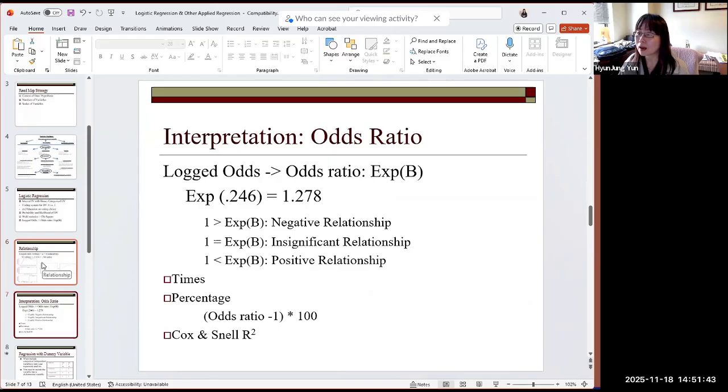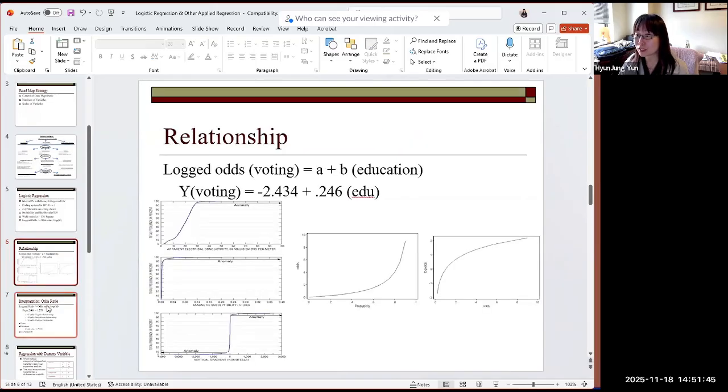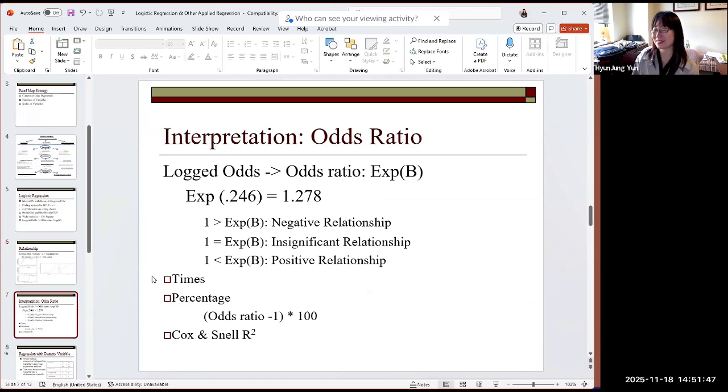I don't know whether you remember from the last class session, this is actually the number I plugged into the logistic regression model. What if you have additional years of education? What about the odds probability of voting versus not voting?